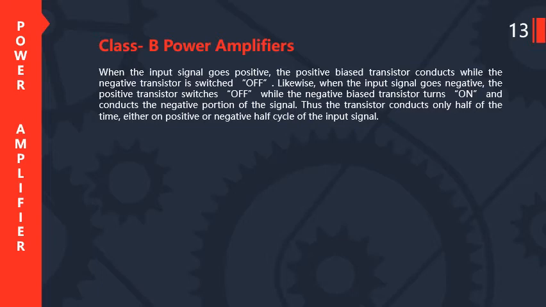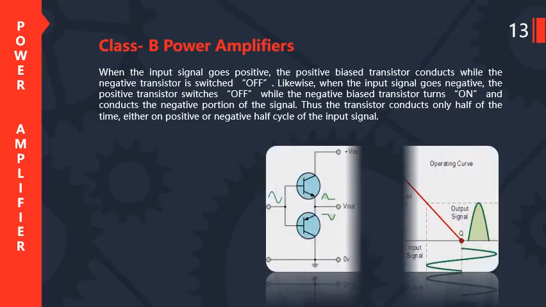Likewise, when the input signal goes negative, the positive transistor switches off while the negative bias transistor turns on and conducts the negative portion of the signal. Thus, the transistors conduct only half of the time, either on the positive or negative half cycle of the input signal.